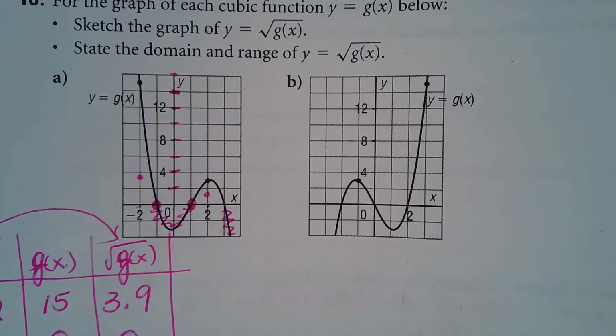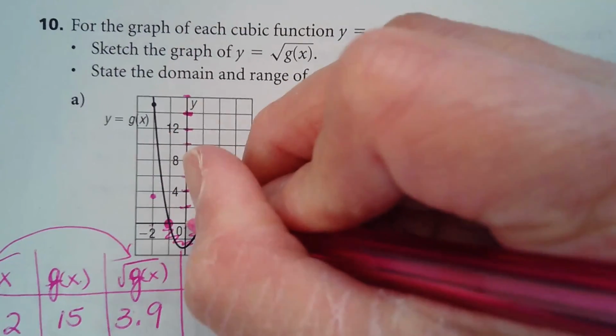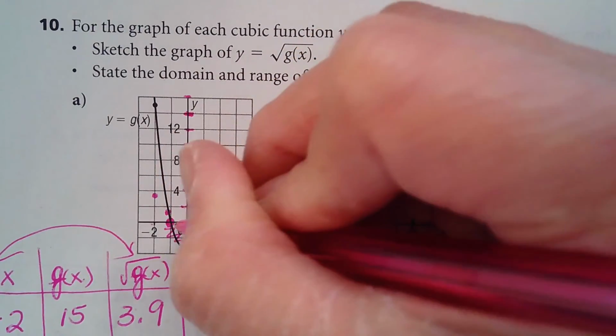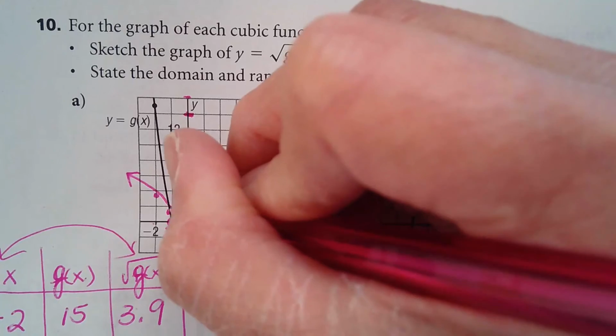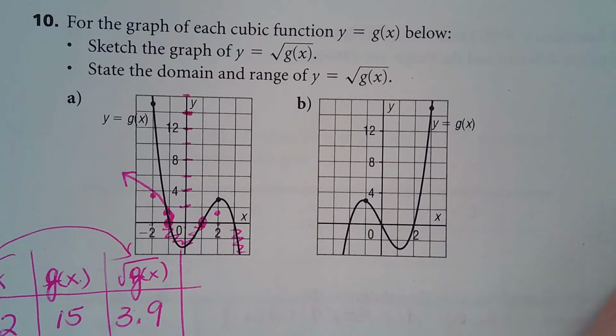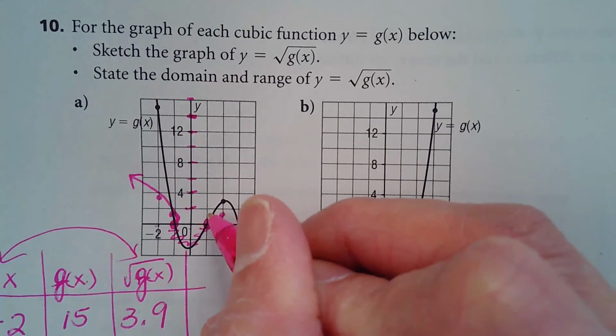Okay, invariant points. Where's the invariant point? So this is 2. So this is the invariant point right there. Really, really tiny. So it's gonna go like this way. I'm trying to make a loop there. And then this one here, the invariant point is 1, so it's right there.